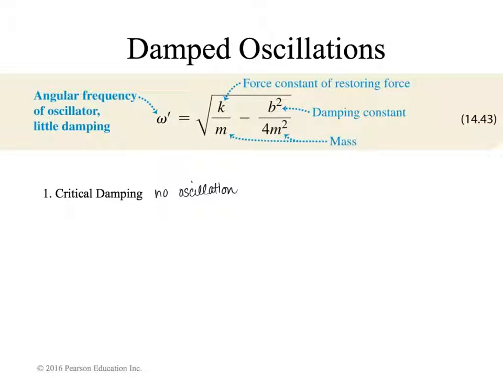The condition for critical damping is that omega is equal to 0, which means that k over m is equal to b squared over 4m squared. We're going to define these in terms of the damping constant, so b is equal to 2 times the square root of k times m. If the damping constant is related to the restoring force in this way, then we're going to have critical damping.